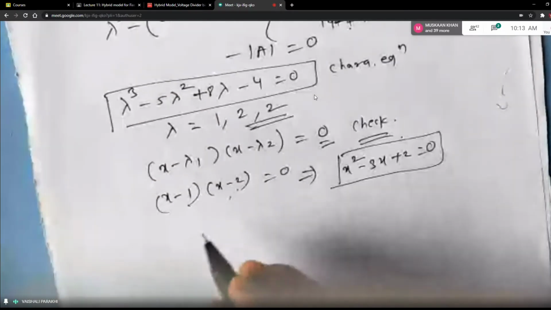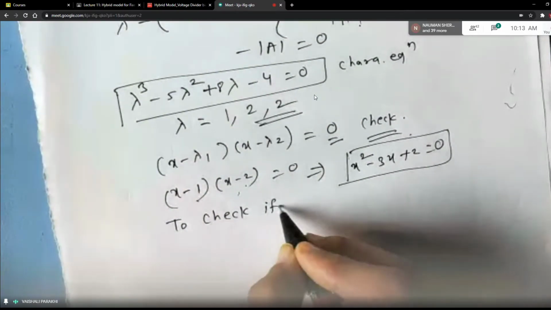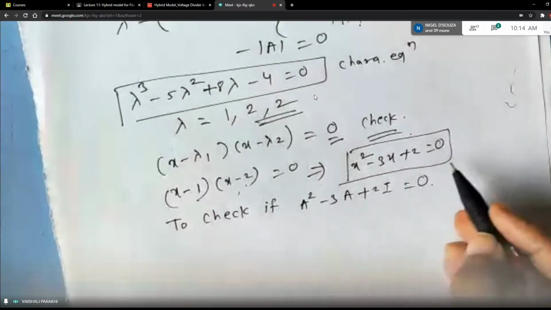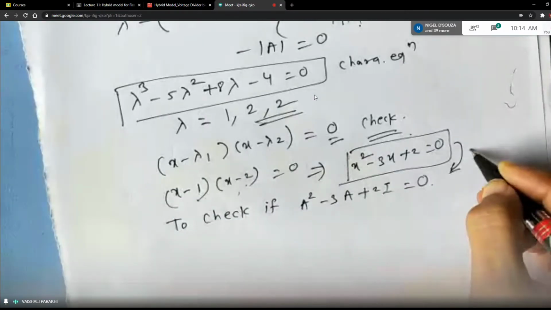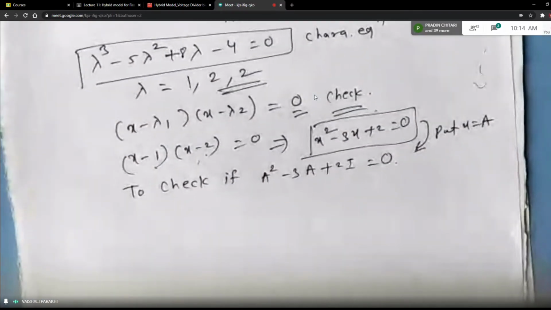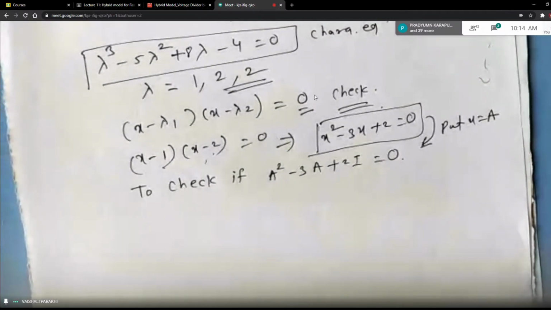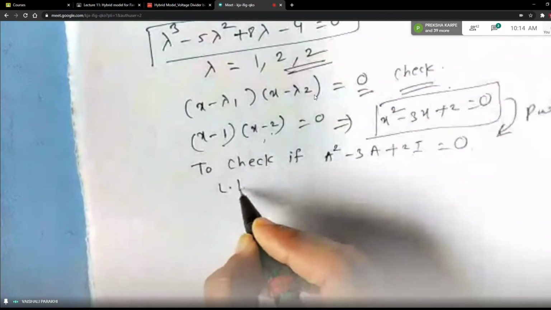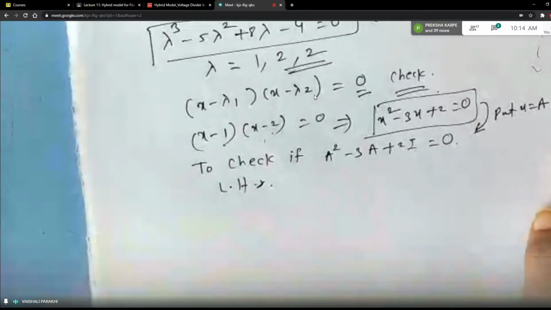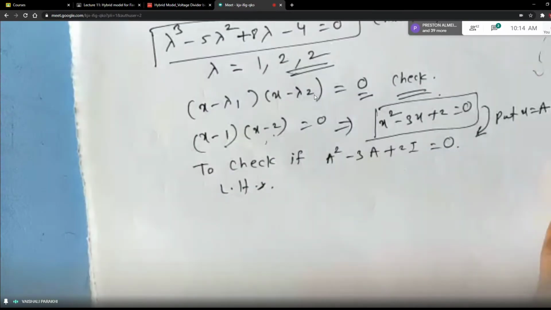So to check if A square minus 3A plus 2I is equal to the null matrix, I have just replaced x by A, like how we do in the Cayley-Hamilton theorem, and I am multiplying the last constant by I here.